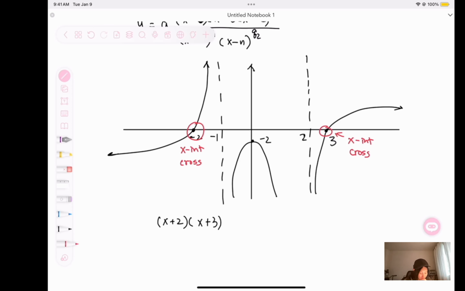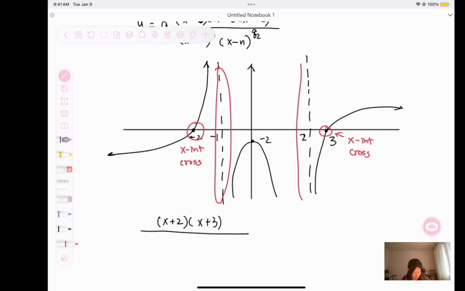The denominator will be determined by the vertical asymptotes. We have 2 vertical asymptotes: one is x equals -1, the other is x equals 2. This gives us x plus 1 and x minus 2. Next we look at the behavior. For the first one, one side goes up and the other goes down, so it's opposite.